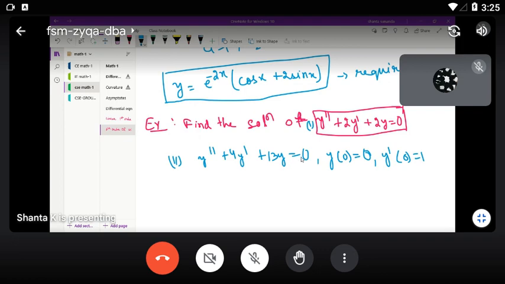So this is the second one. Done for the first one.